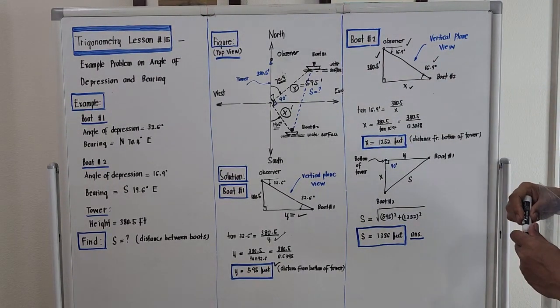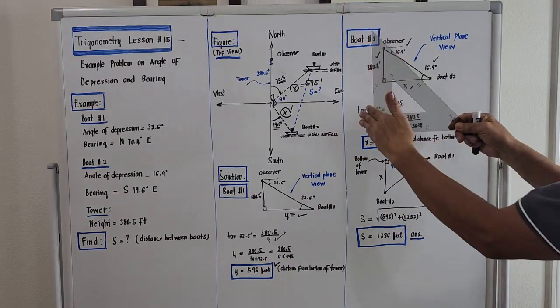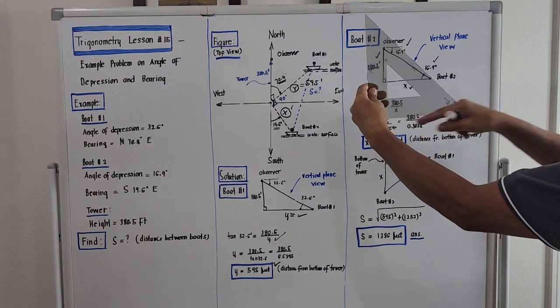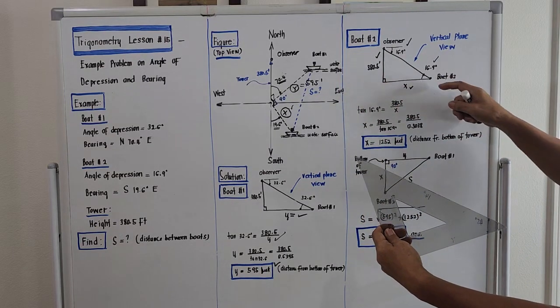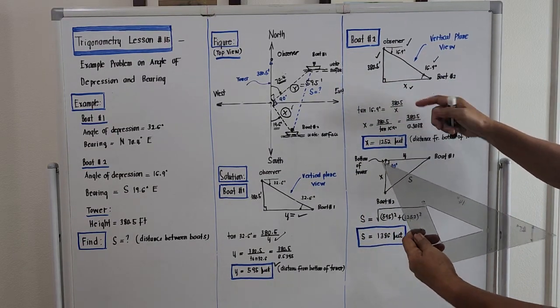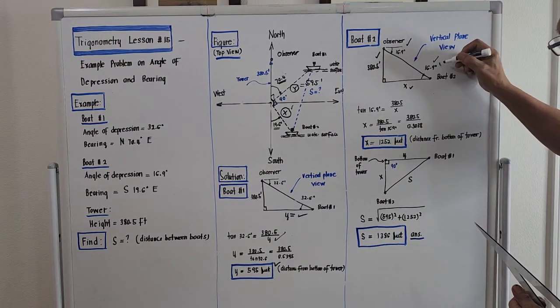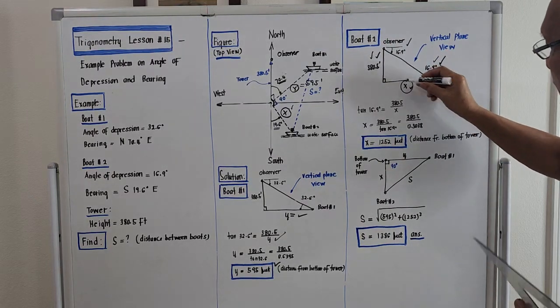So again, we are given a right triangle in which the vertical side is the height of the tower, 380.5. And the horizontal distance represents the water surface. The distance from the bottom of the tower to the boat number 2, it will be x. So actually, we are also given one angle, one side, and we are looking for x.